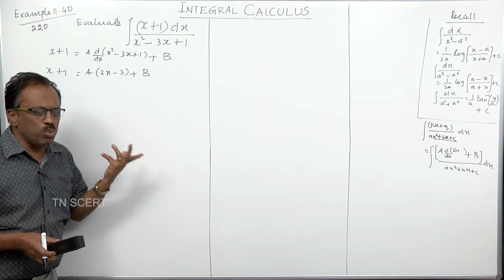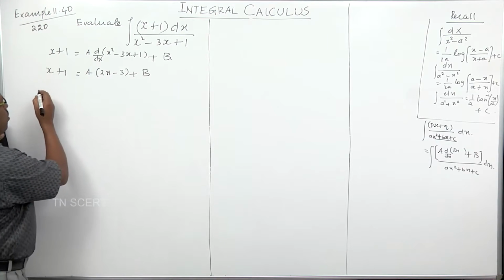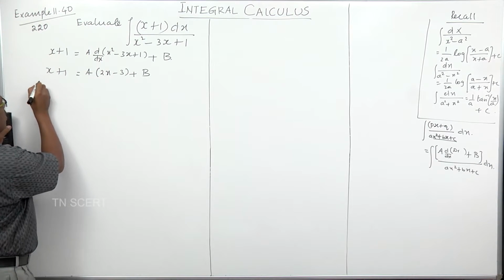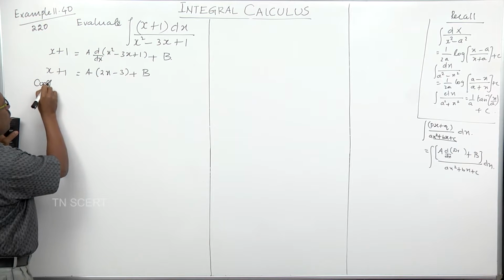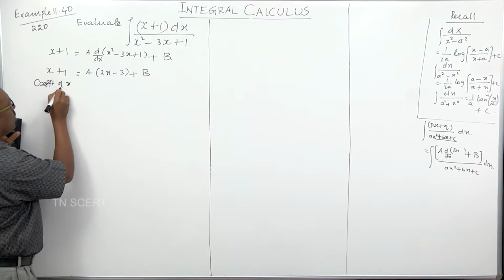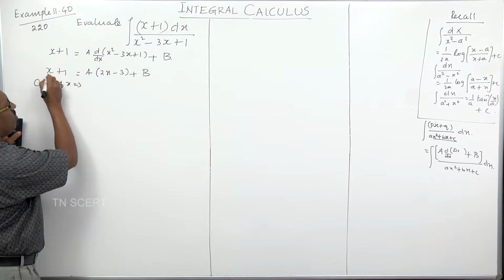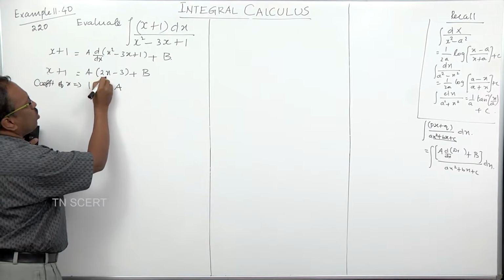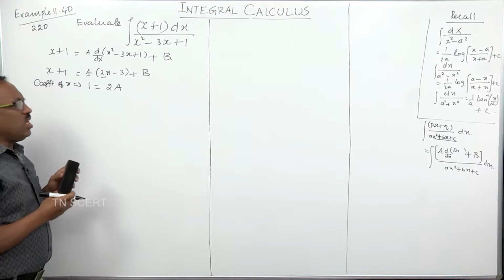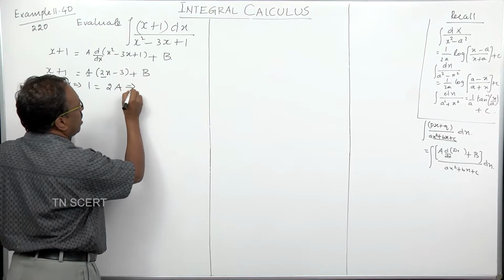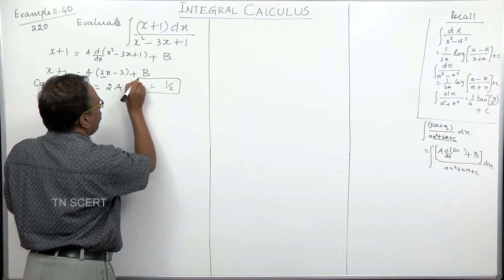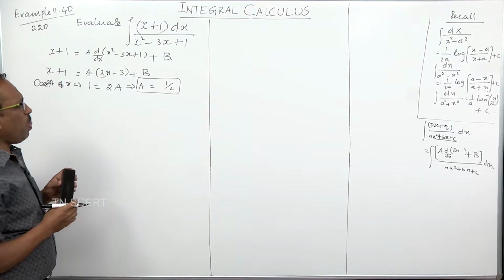Now, equating the coefficient of x on both sides: here the coefficient of x is 1, and on the other side the coefficient of x is 2 with A. So A is equal to 1/2. We found the value of A.